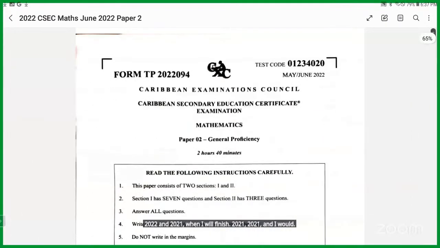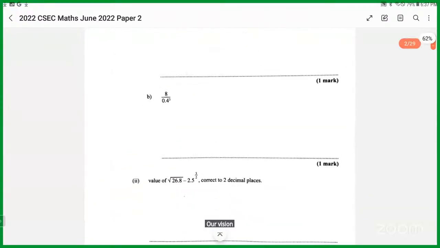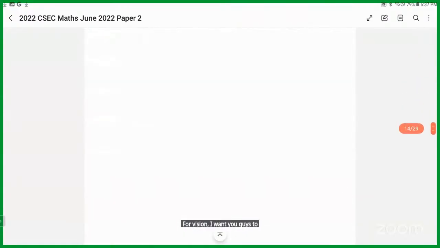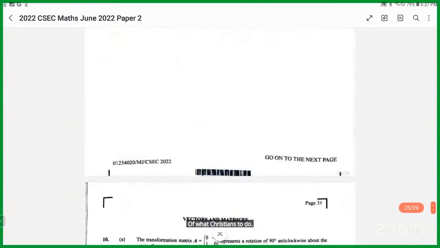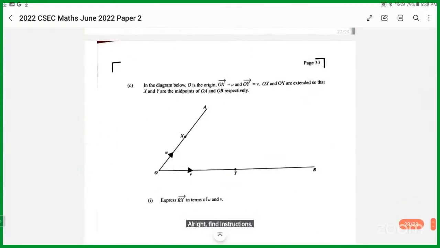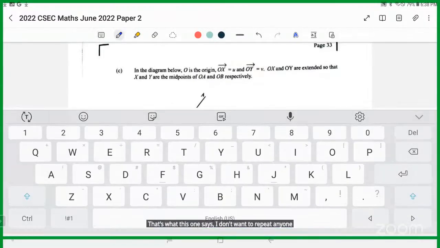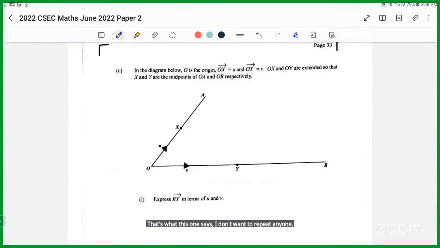So I'm going to send a worksheet to the group for our revision. I want you guys to follow the instructions of what questions to do and send to the group. I'm going to do 2021. There was no June paper in 2020 to do, so that's it.